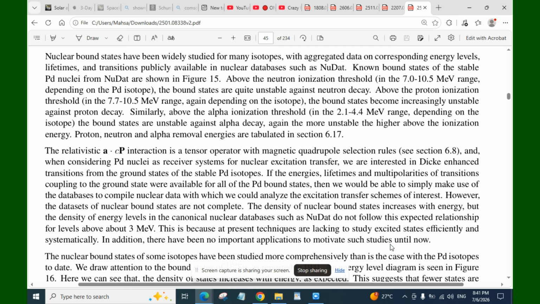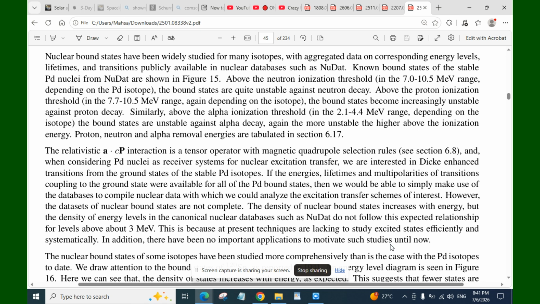If the energies, lifetimes, and multipolarities of transitions coupling to the ground states were available for all of the palladium bound states, then we would be able to simply make use of the databases to compile nuclear data with which we could analyze the excitation transfer schemes of interest. However, the datasets of nuclear bound states are not complete.